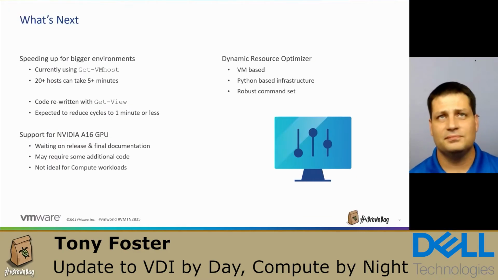And then the last thing that we're working on, and I've talked about this in a few other sessions for vMug and a few other places, is a dynamic resource optimizer. This is going to be a VM-based system with a Python backend that is going to do things a lot more powerfully than what you'll see with the scripts.